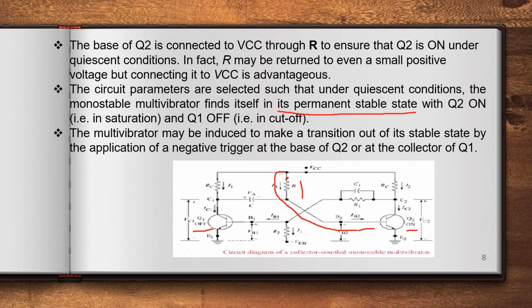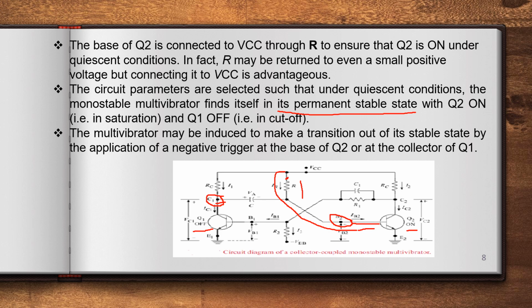This external triggering is applied at the collector of the off transistor or at the base of the on transistor. Even if you apply it at the collector, it will be coupled to the base of the on transistor only. Wherever you want, you can apply it.